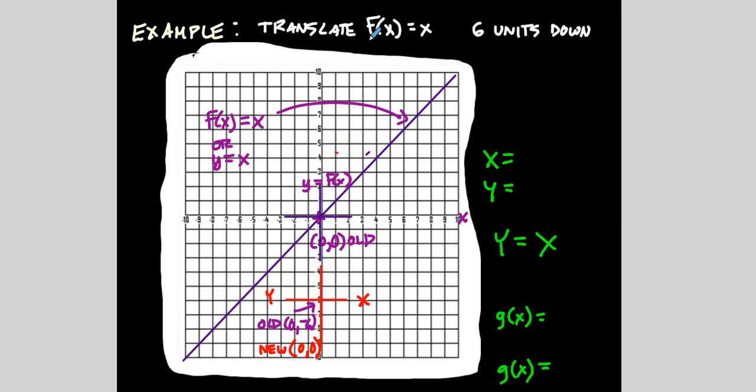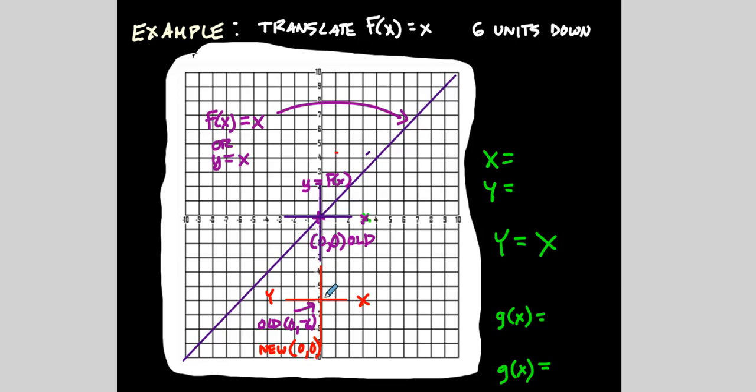Okay, similar problem, this time shift f of x equals x 6 units down. So here's the old original axes, little x, little y. Let's put that over here. Little x and little y.